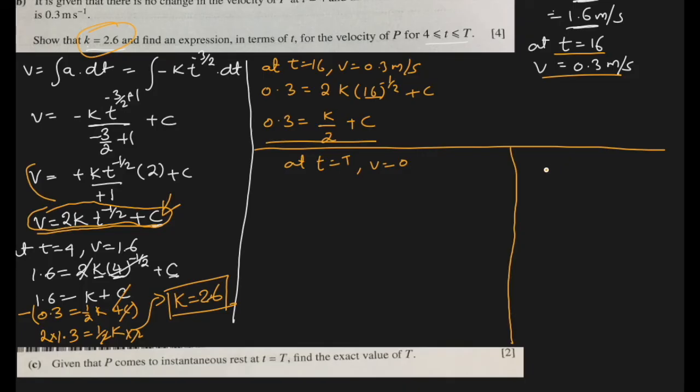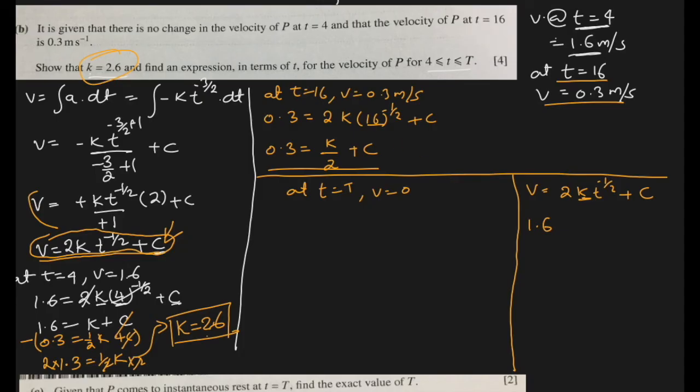Let me evaluate here. So v was 2k t to the power minus half plus c. Rather, I got an equation already. I got this one, right? 1.6 equal to k plus c. Yes, I will use this one. So 1.6 equal to k plus c.